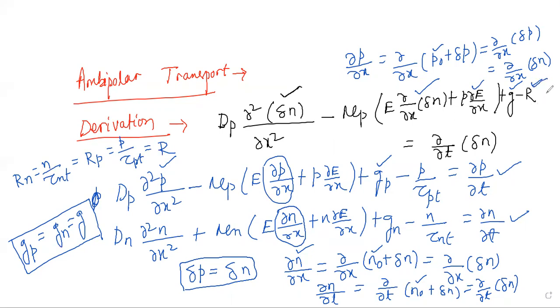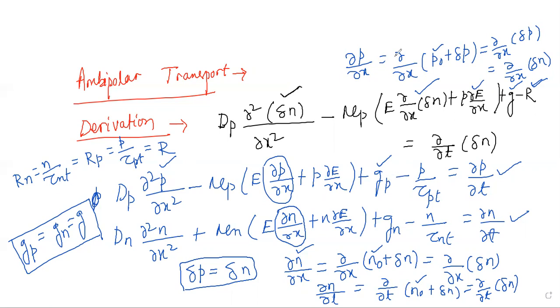So this way we can rewrite the equation. I'm writing it for the excess electrons and excess holes. So the time dependent diffusion equations I'm going to write are for the excess carrier electrons and excess carrier holes.